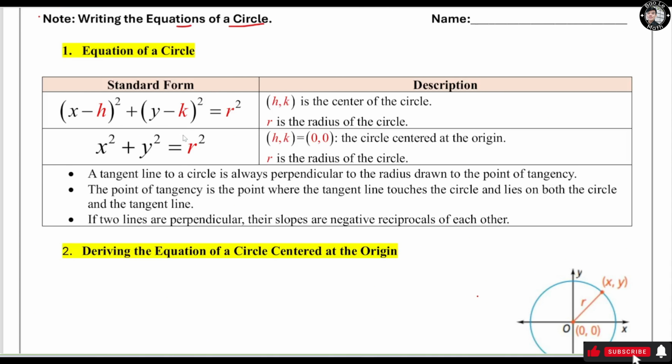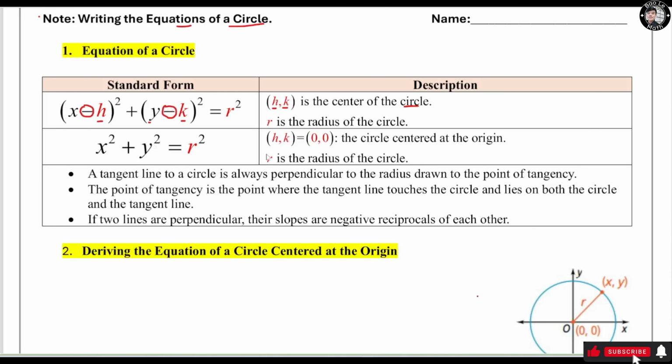Alright, so we have the standard form of the equation of the circle: x minus h squared plus y minus k squared equals r squared, where h and k is the center of the circle. Now keep in mind the subtraction sign right here is the sign of the formula.